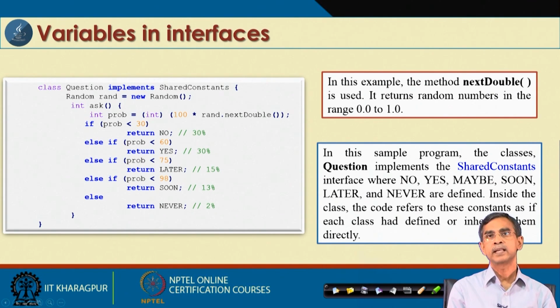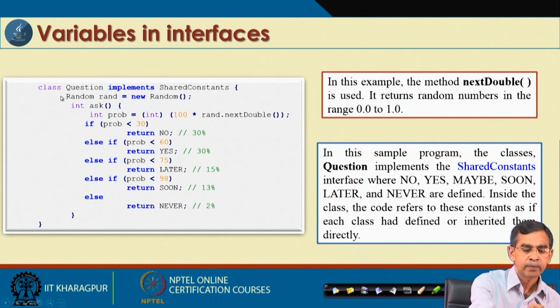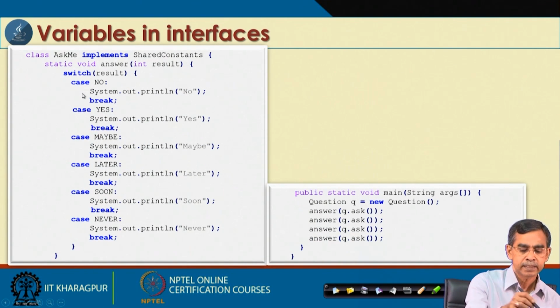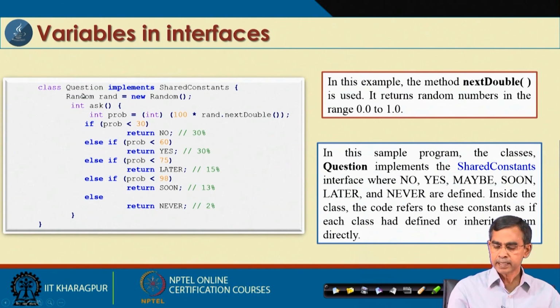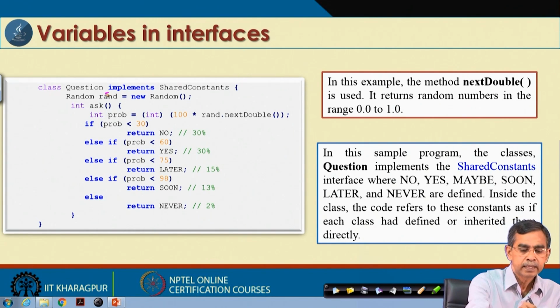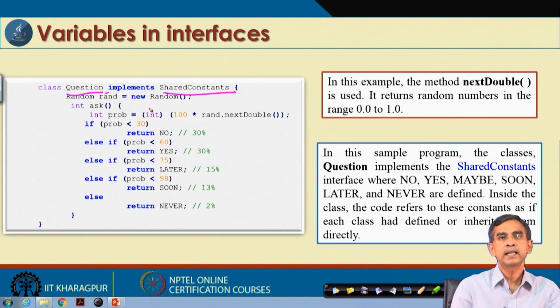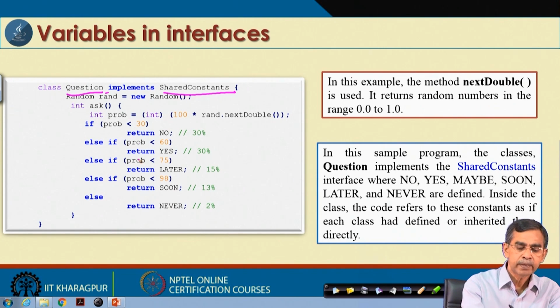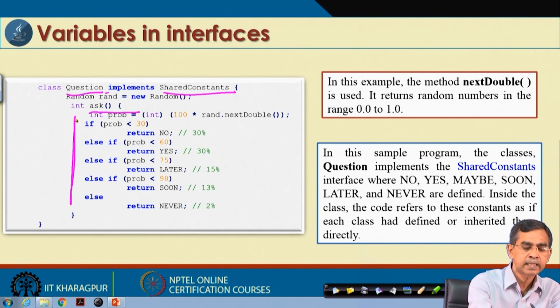So, we can just create a program like this. This is one class, and this class, Question, implements SharedConstants, and basically it uses all these variable names as you can see here. Here in this class we define one ask method which has this kind of structure.